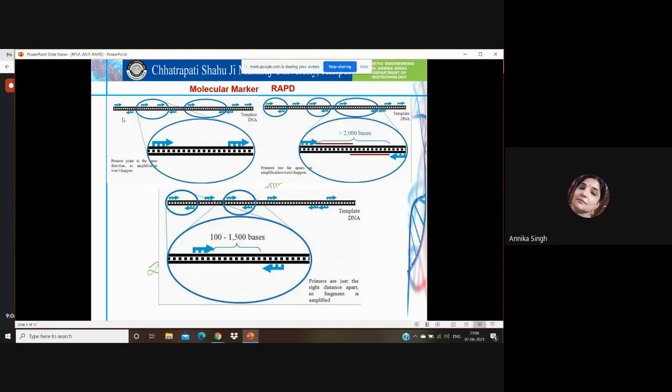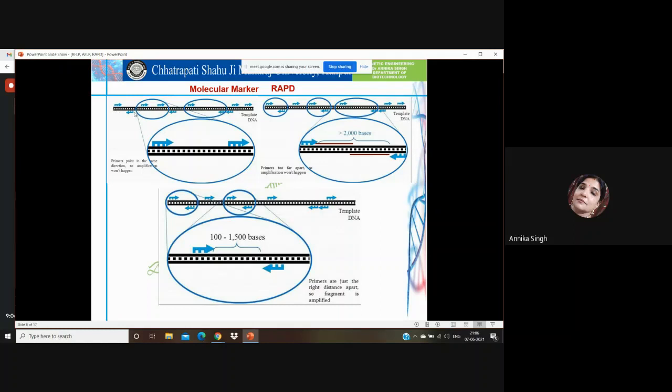actually annealed at different positions. And if we want to analyze which fragment must be amplified, you can consider this first one. Here the amplification takes place from this 5 prime to 3 prime direction, and this is the 3 prime to 5 prime direction.